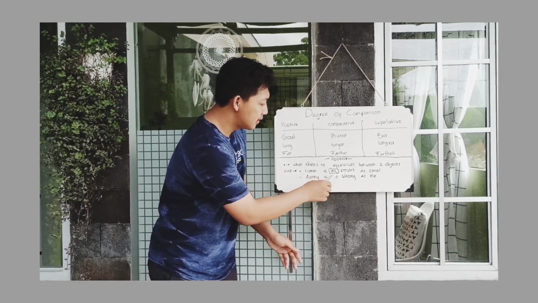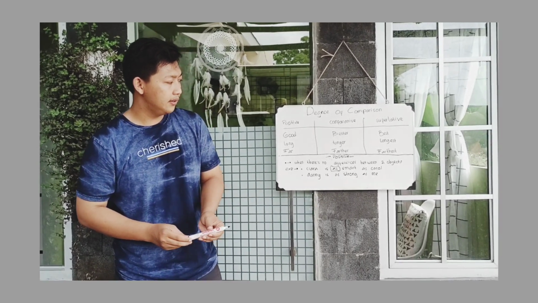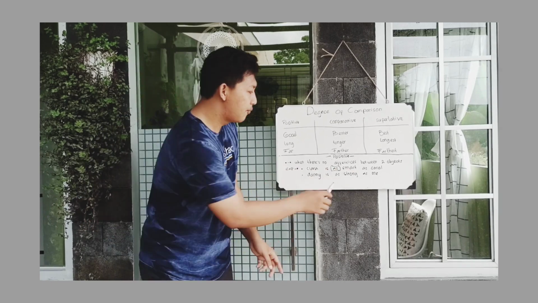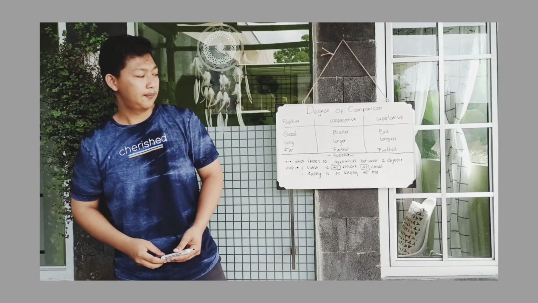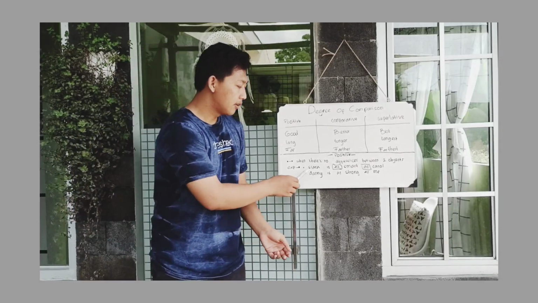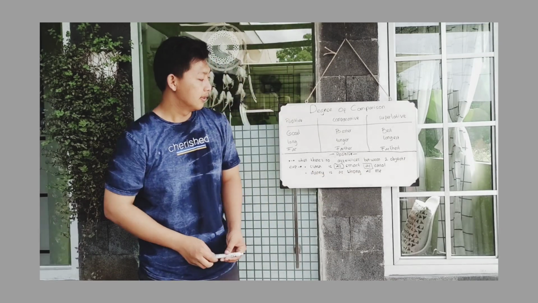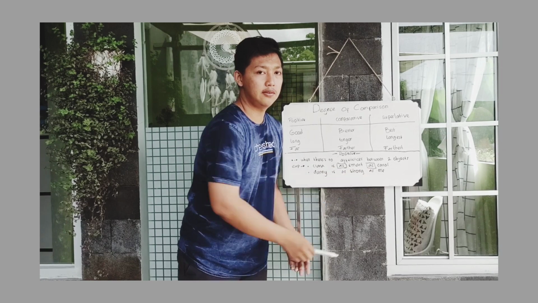The word as is to be, you have to use as before the adjective and as after the adjective. So the example, Clara is as smart as Carol.